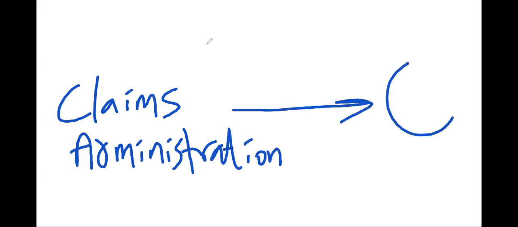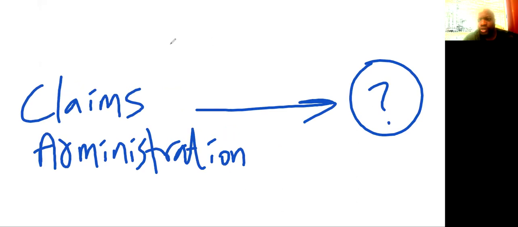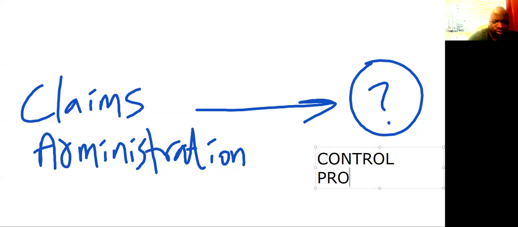Claims administration is a unique tool and technique of which process? 5, 4, 3, 2, and 1. Well, if you think carefully, you realize that the only place claims are made is in procurement and the control procurement. So the answer to this one is control procurement.